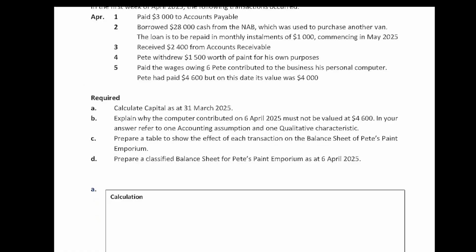We borrow 28,000 from the bank, yes? What happens to the cash at bank? Bank will increase. Everybody understand? Okay, so bank increases by 28k.